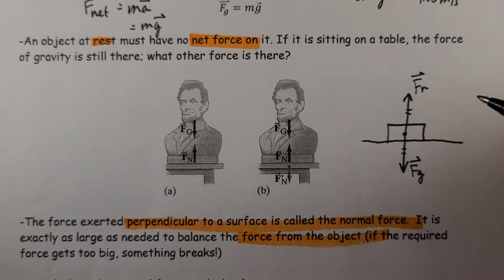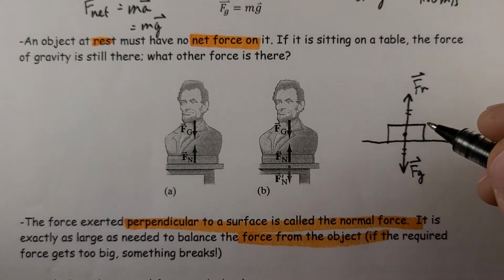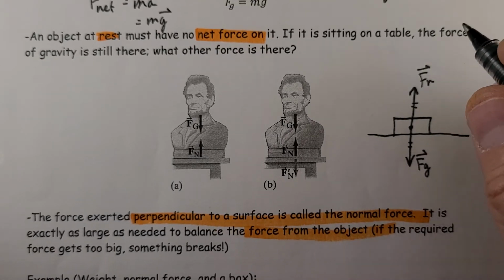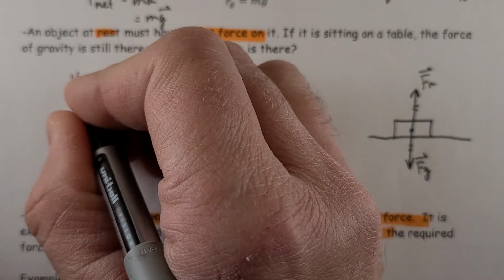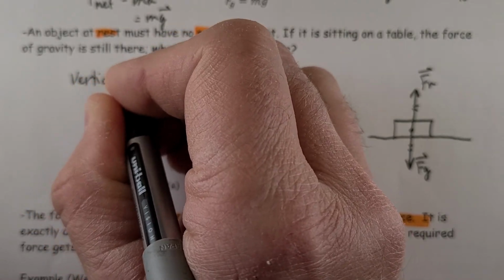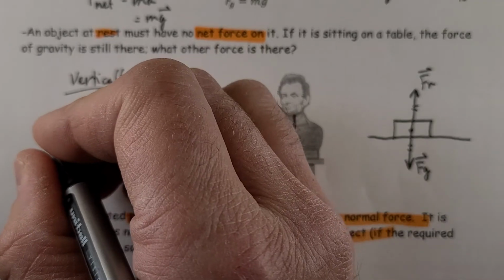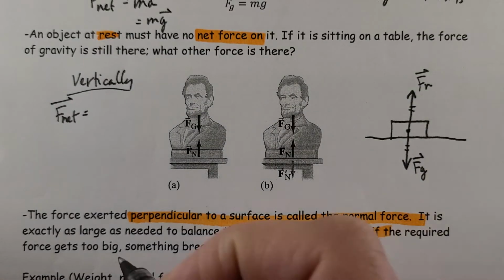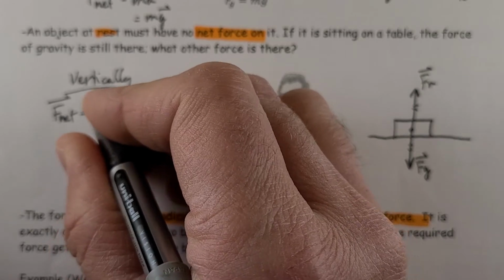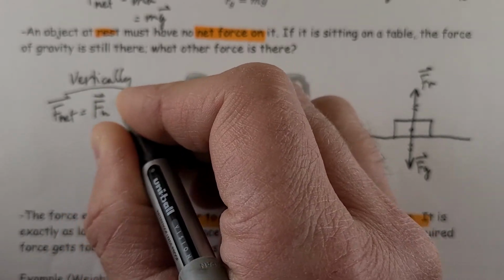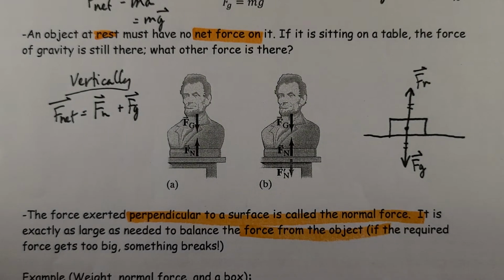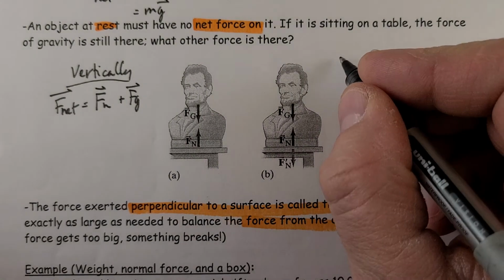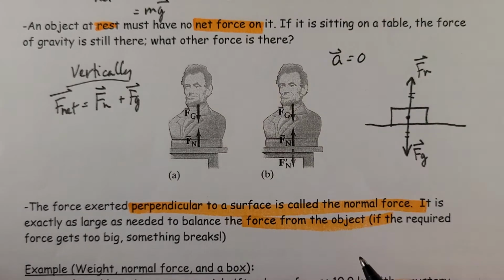And in math class, we would do this to show that these two lines are congruent, or in this case, to show that these two force arrows are equal and opposite. So if I was to look at things vertically here, our net force, our overall force, there are two forces at play here, Fn and Fg. Now, if this thing is not moving, that means the acceleration is zero.